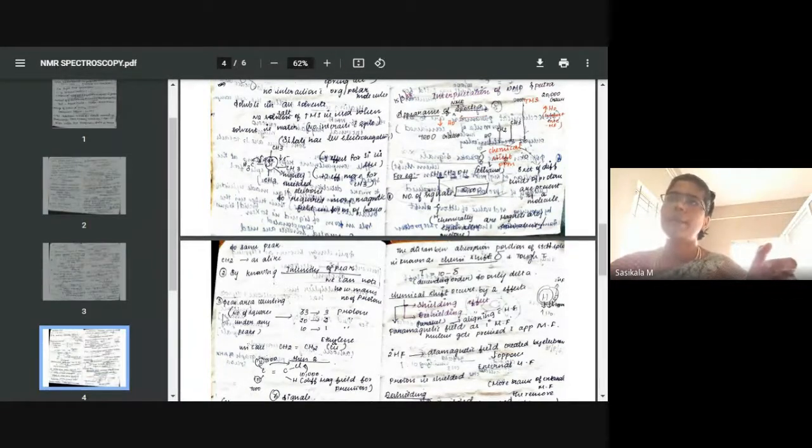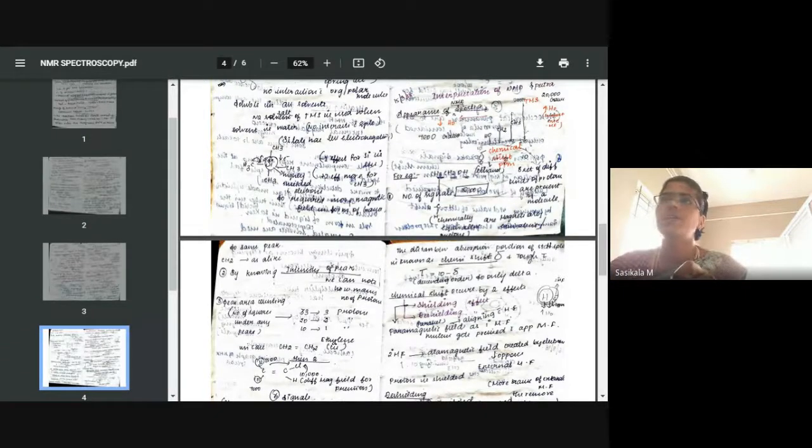By the third parameter, that is peak area counting, we can count the peak area of each group, each set of protons. So how can we count the peak area? We will not get lines like this, we will be getting peaks. So under the peak, how many squares are there in the NMR spectrum? You can find squares like graph squares, so you have to count the squares.